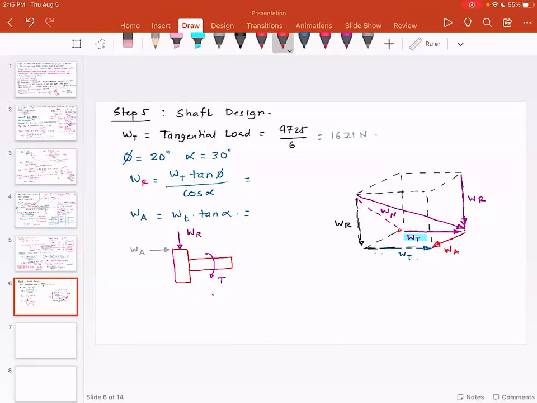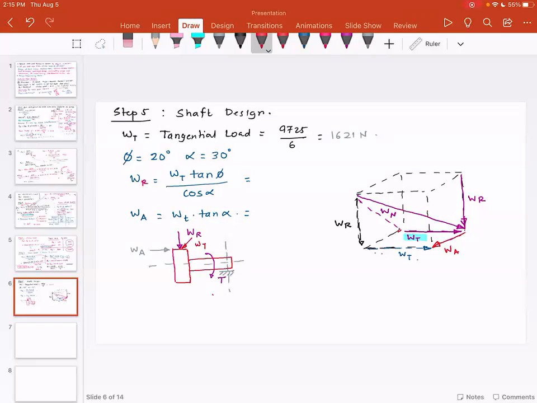And now I want you to look at the overhang. This is where the gear is supported. If you look at the moment, I'll show you where the Wt is. Wt is here.